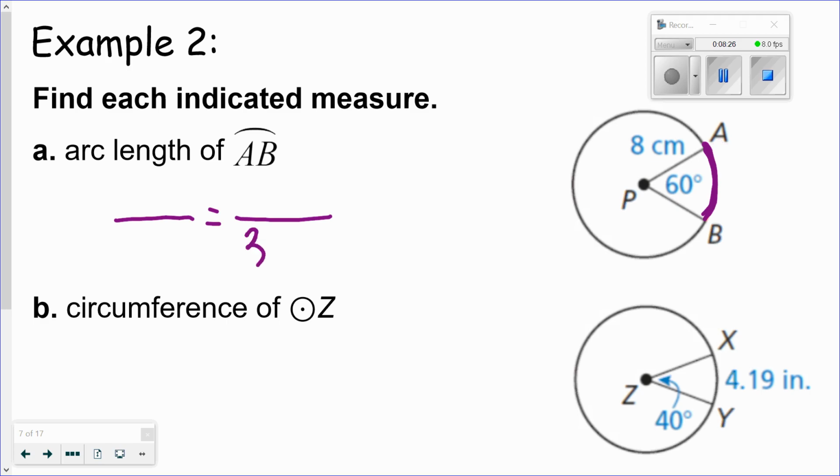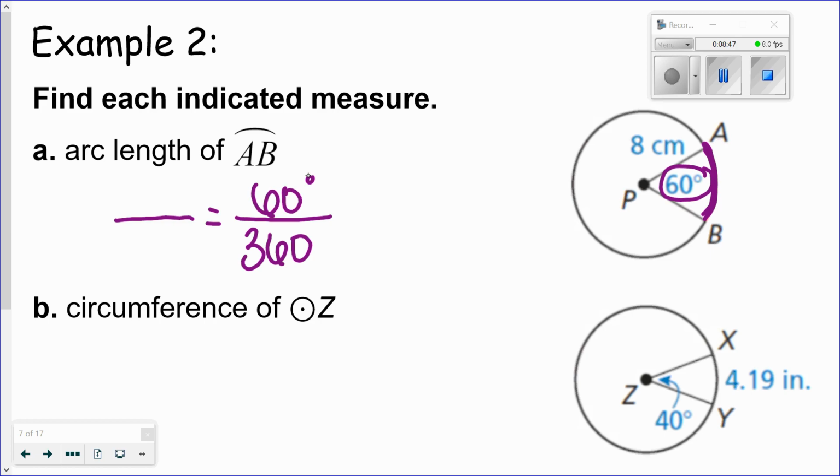Now, I always set my proportion up where we have 360 in the bottom right-hand corner. The whole circle will always have 360 degrees, so you can always start by having this proportion, okay? Now, any degrees that we are given, the slice of pizza is 60 degrees, okay?